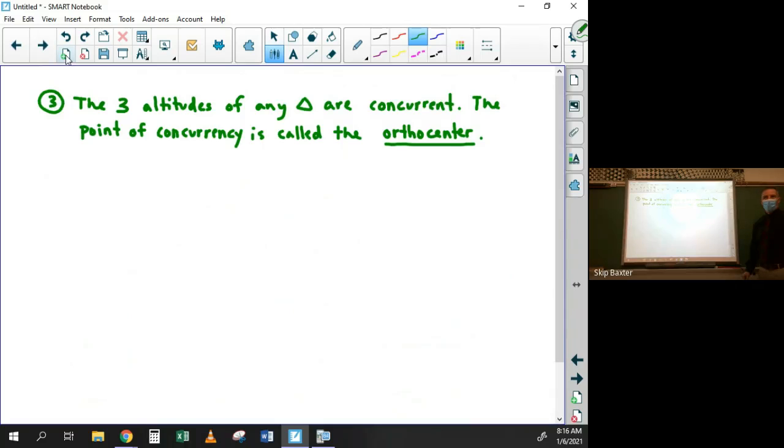So an orthopedist is in charge of straightening bones and body structures. Orthodontics is straightening your teeth, right? So ortho means straight. So what does that have to do with altitudes? Well, altitudes are perpendicular to the base, so maybe that's where that name came from. I'm not really quite sure, but anyway, a little Latin lesson.